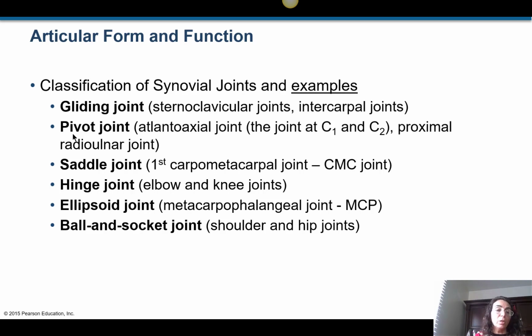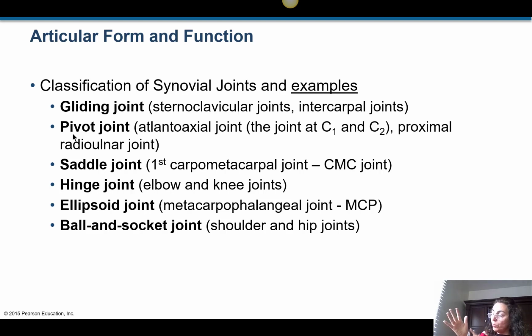The third type is called the saddle joint. I will show you the picture; it has the shape of the saddle that we put on the back of a horse. Therefore, they call it a saddle joint. The example of that is the first carpometacarpal joint. Remember carpal bones, metacarpal bones here.